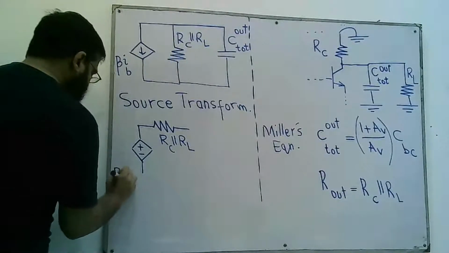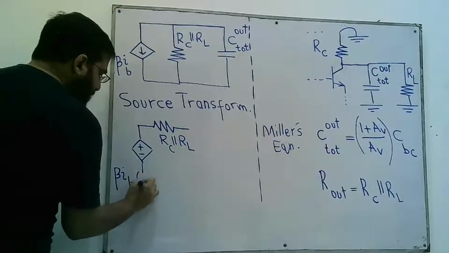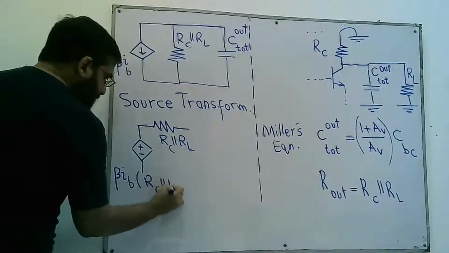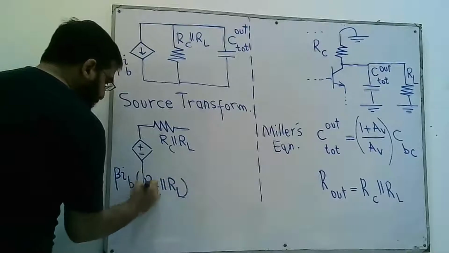So this comes out to be beta IB multiplied by RC in parallel with RL.